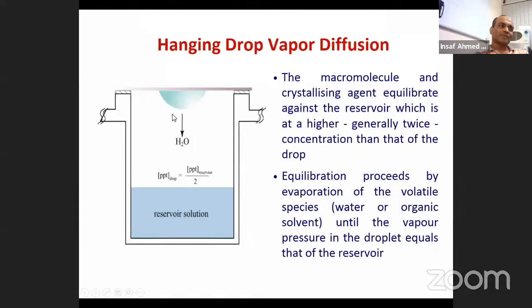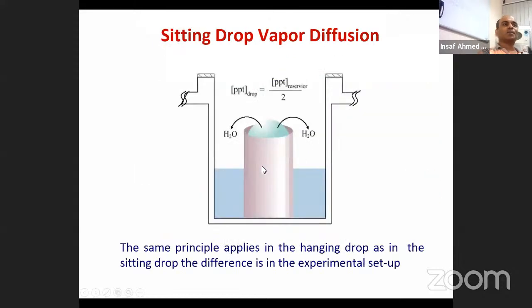When this water exchange happens, the salt concentration has changed and the protein concentration has changed, and the protein concentration change will bring your protein molecules together. When they come together, they may form a crystal. Similarly, because here you are diffusing the vapor, there is another method called the sitting drop method.